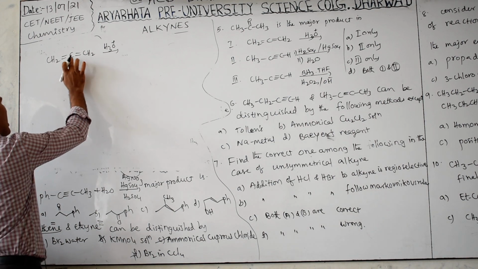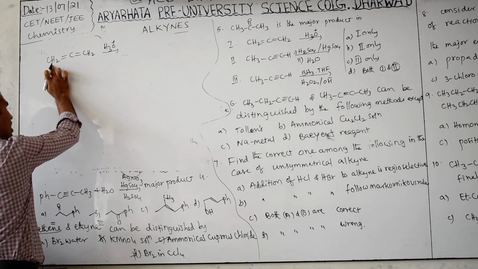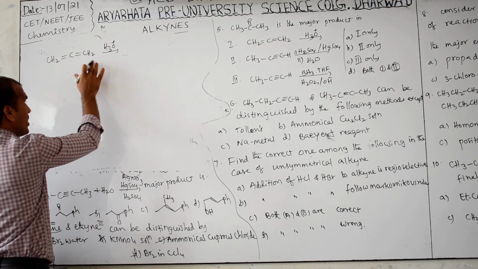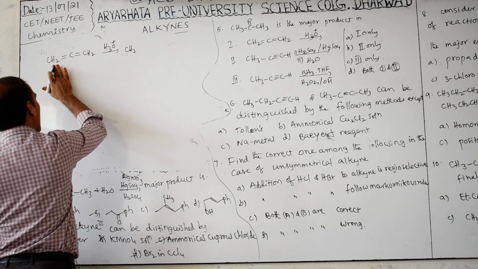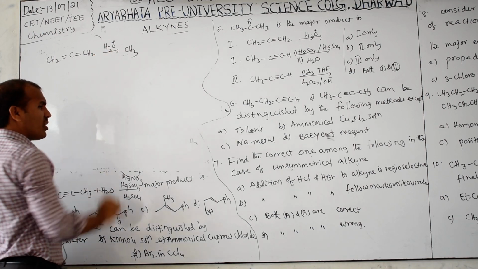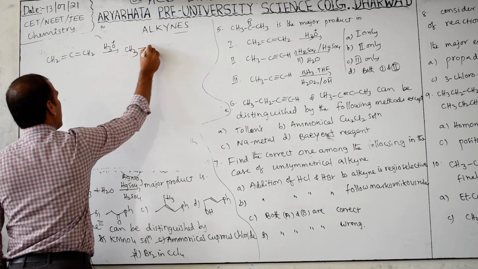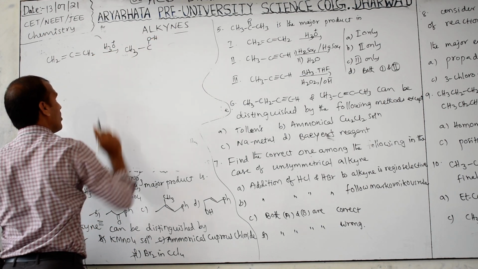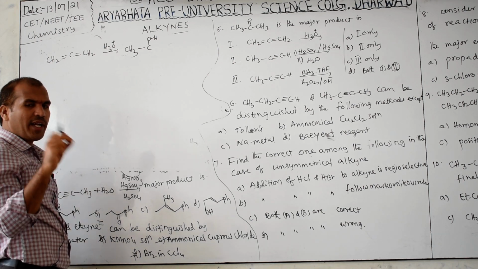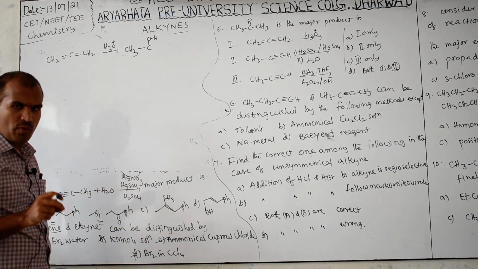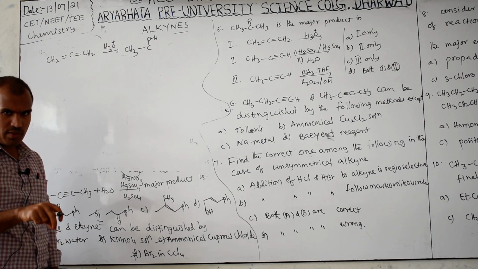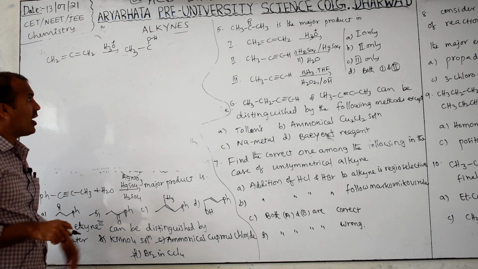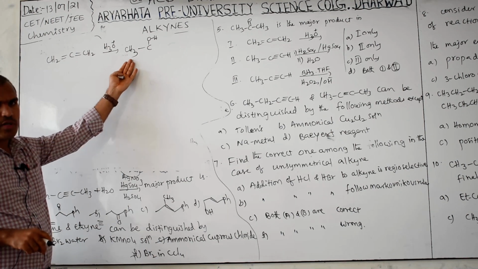Here there is a lesser number of hydrogen, here a greater number of hydrogen, both sides the same. Therefore H is added to this CH2 side, and this is converted into CH3. This is converted into OH, because we are adding according to Markovnikov rule. OH, the negative part of the reagent, bonds to the carbon with fewer hydrogens, and the positive part is added to the carbon with more hydrogens.